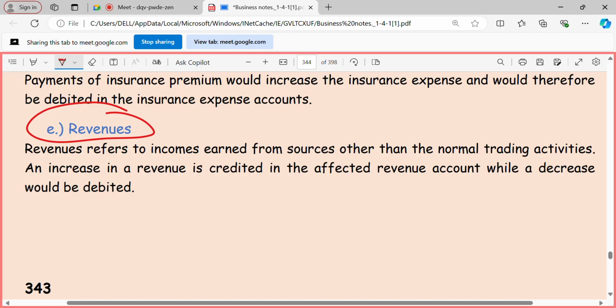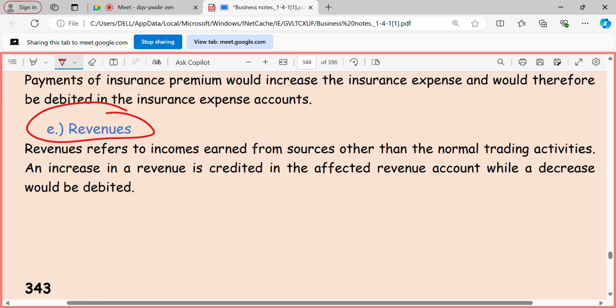You see, other than normal trading activities, because if you are a salesperson, for example, and you are given a commission, you have your basic salary. You are not saying the basic salary is the revenue. So those small payments that you get are outside your main form of income.